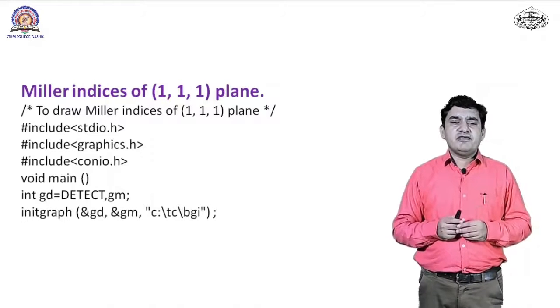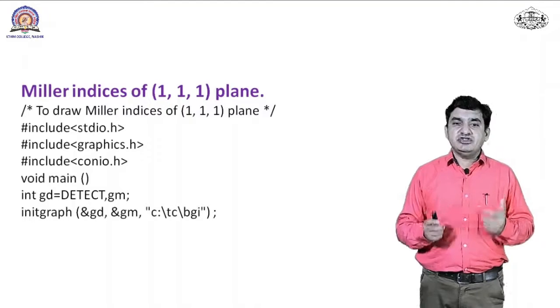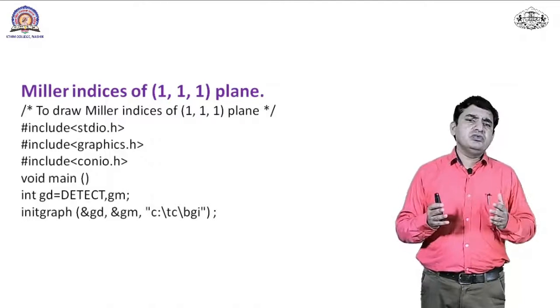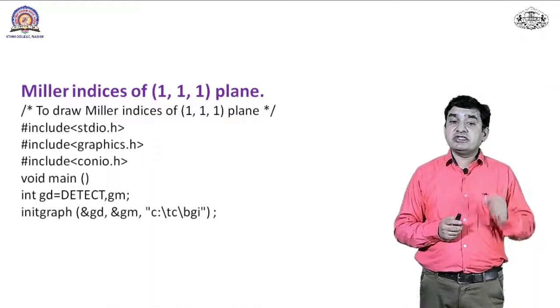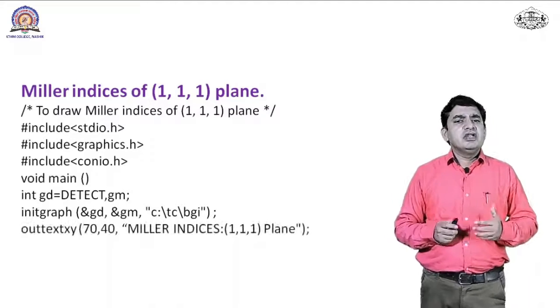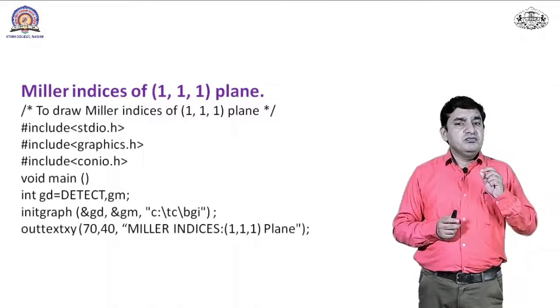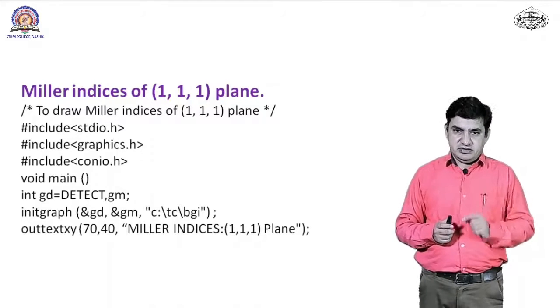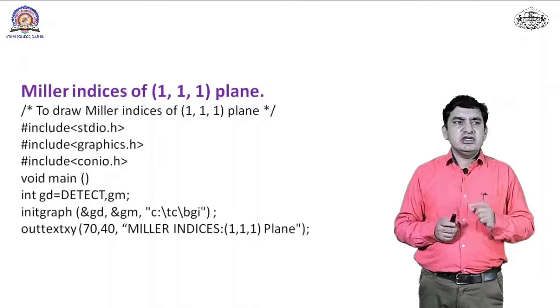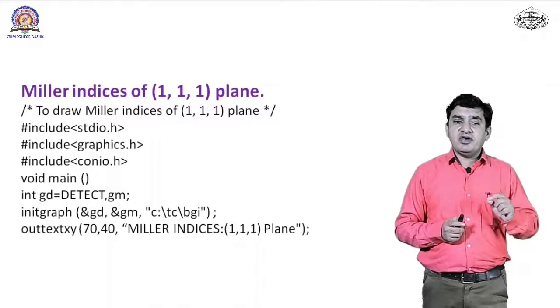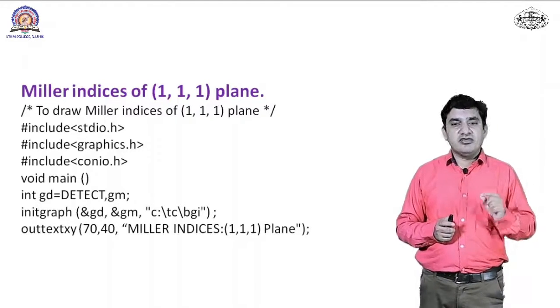Then initgraph with gd and gm is used to convert the text mode into the graphics mode. Next is outtext, Miller indices 1 plane. This text is displayed on the screen at coordinate 70, 40.